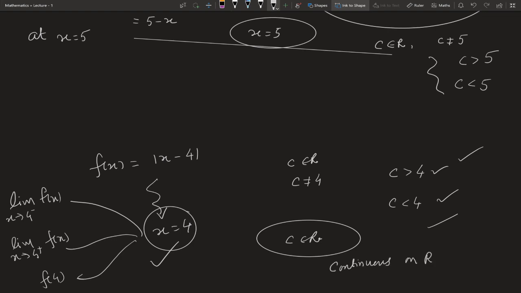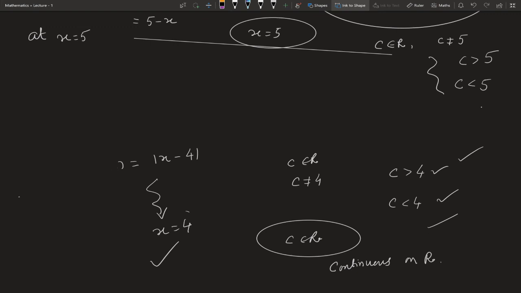So according to the definition, you have to decide at which point you have to check the continuity. So let us take our original example, f of x equal to mod x minus 5. As we have discussed, we will check continuity for x equal to 5.